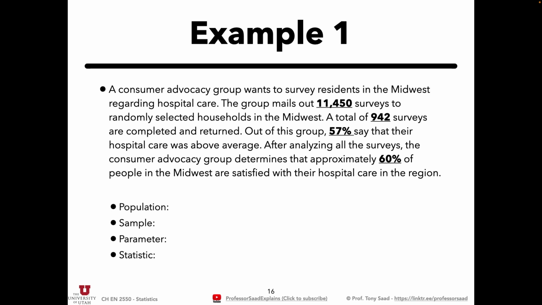So our variable of interest here is the level of hospital care. Agreed? So what's the parameter in this case? 60%. We say that because it relates to the population, so that will be a parameter. What's the statistic? 57%. Now that's interesting.